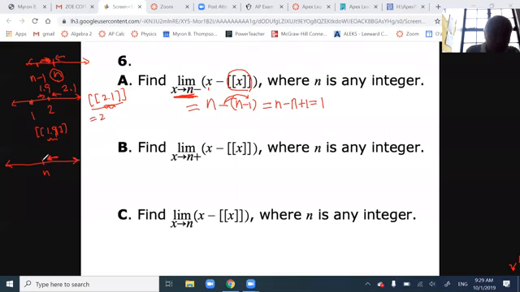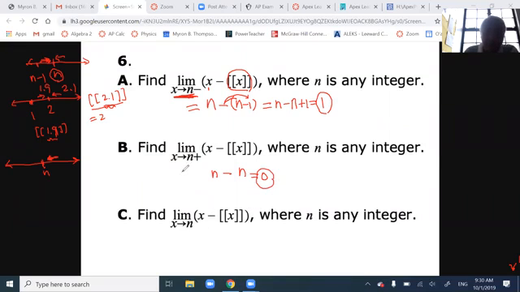So approaching n from the right side, the greatest integer will be just n, and x approaching n from the right side is still n. So when you get this, it will be 0. So from the left side approaching n, the limit equals 1. From the right side approaching n, the limit is 0.